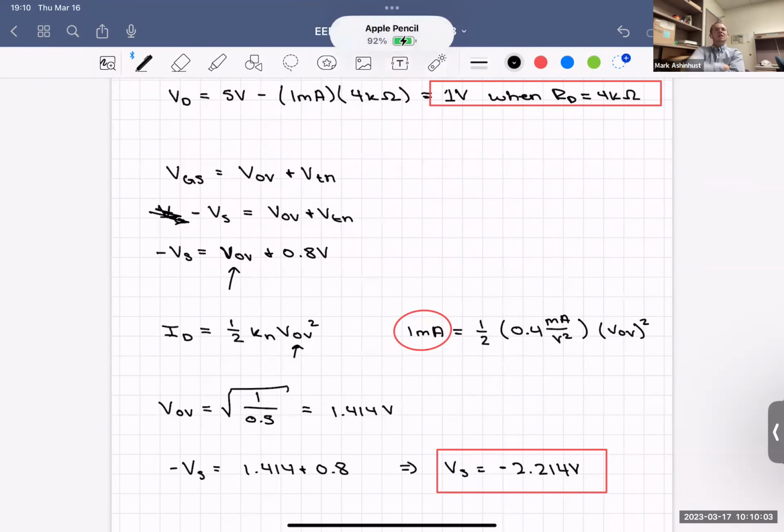So the reason I started there, I wanted to find what RD had to be in saturation. And then based off that, when it gives me random values of RD, say RD was 4K, awesome. Well, I know it's in saturation.